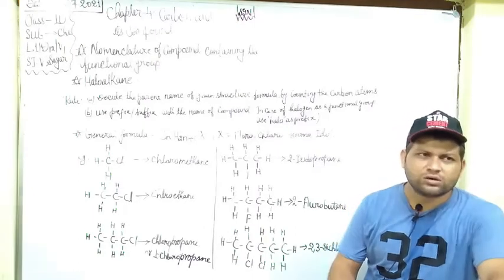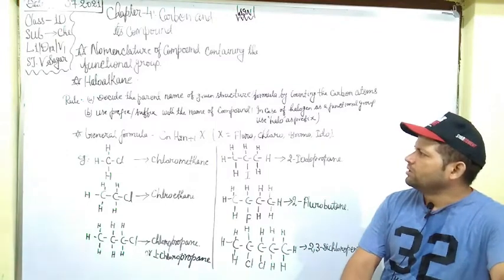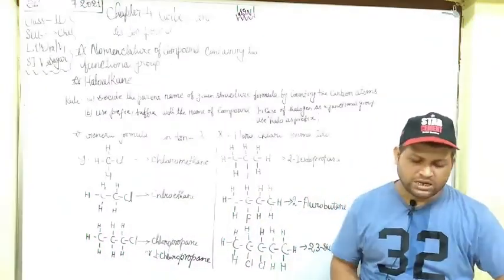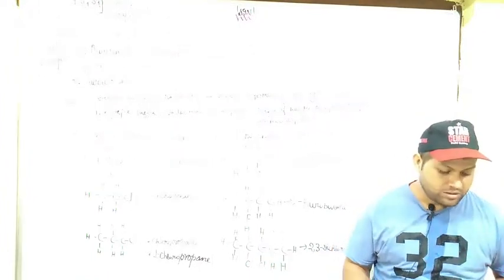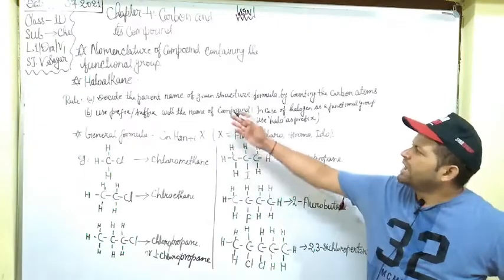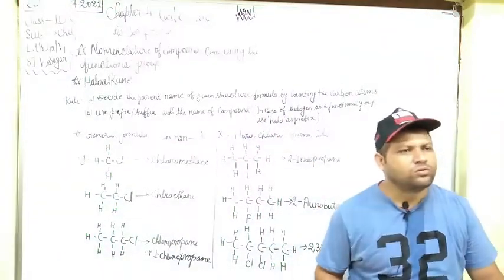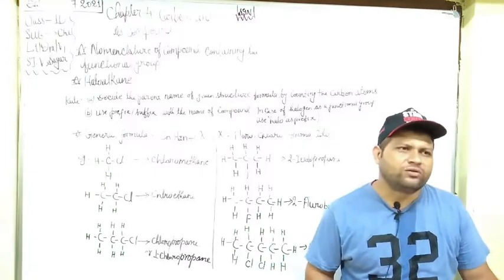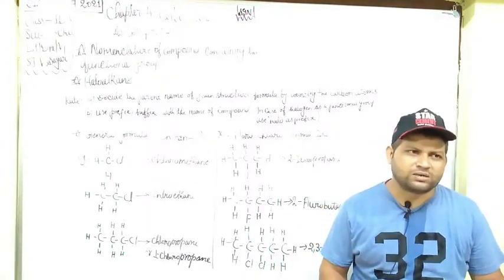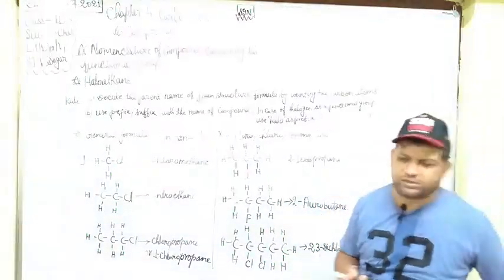Now let us look at another kind of compounds which have the functional group like aldehyde and ketone. So apply the same formula, but you have to write the name by using a suffix for the given functional group, as I am going to explain. Just wait.